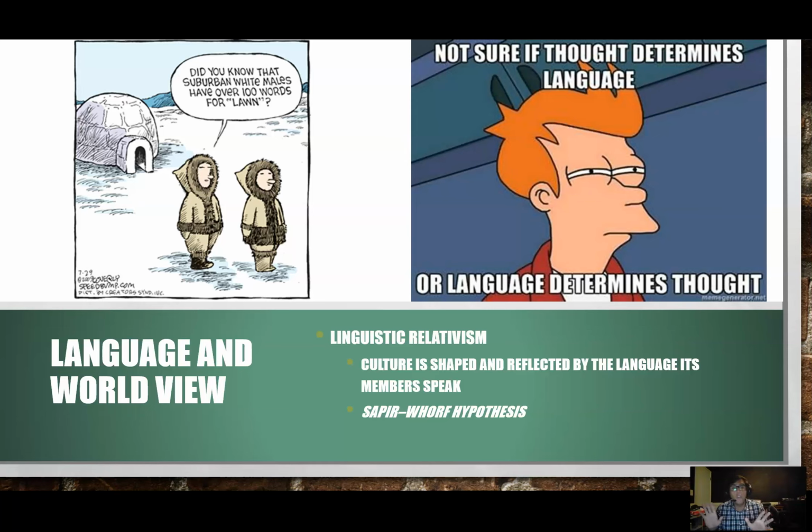Eskimos have over 100 words for ice and snow, so their culture is very much shaped by ice and snow, which is reflected by the language that they have so many words for ice and snow. But it also shows that they even see ice and snow differently from us. So the reality that we experience is shaped by the language that we use.